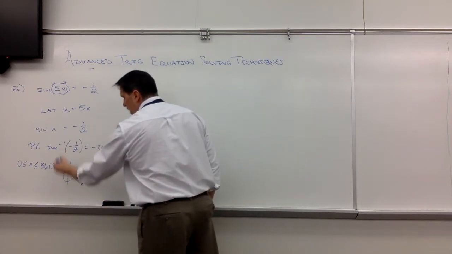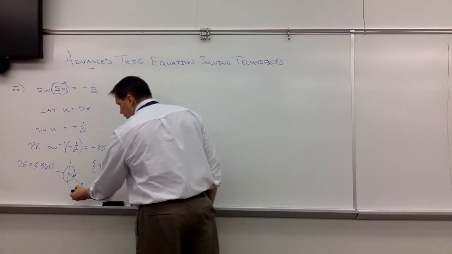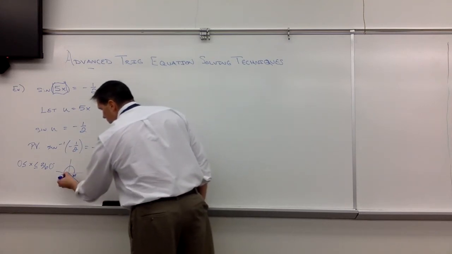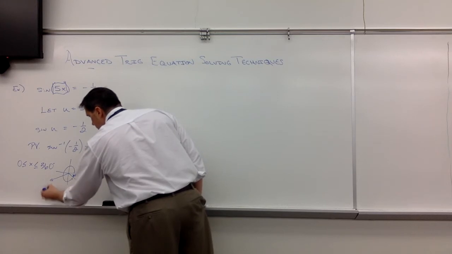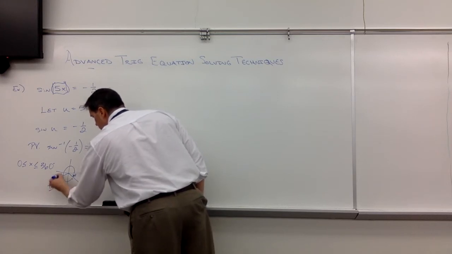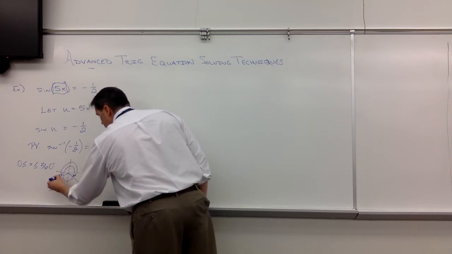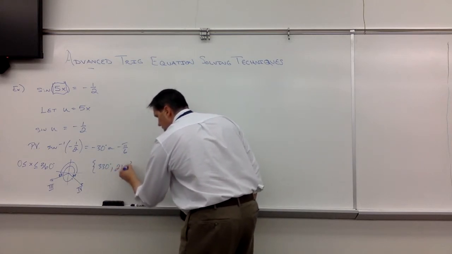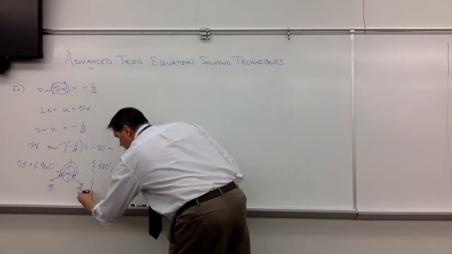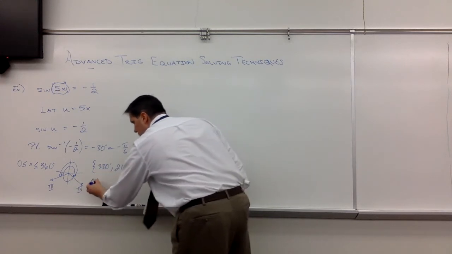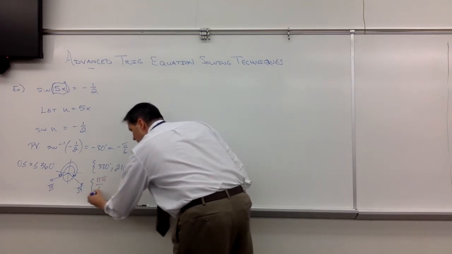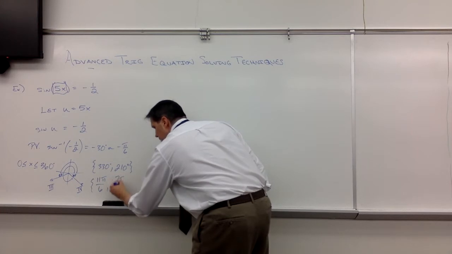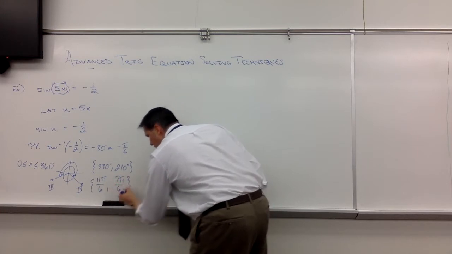or where else is sine negative besides quadrant 4? Sine is negative in quadrant 3. With a reference of 30, you're looking at 210. Right? Make a long story short, in terms of radians, we were talking about 11 pi/6 and 7 pi/6. All right.